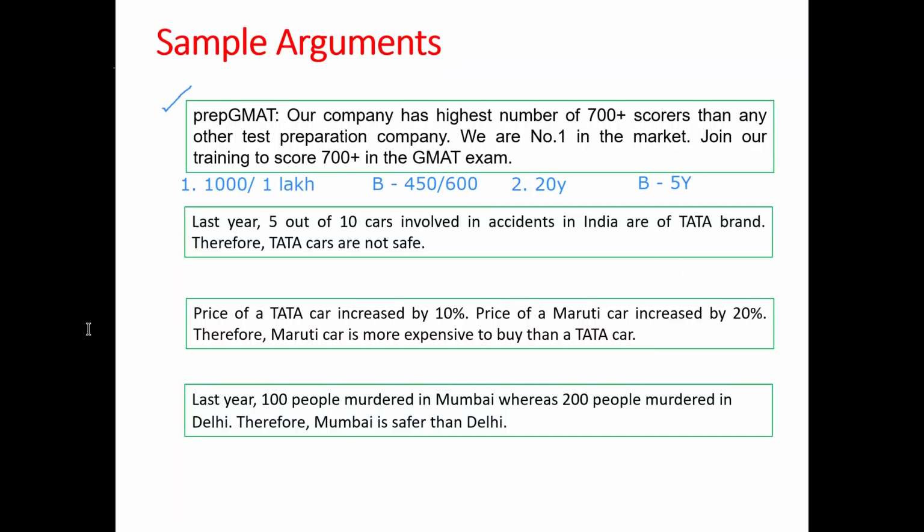In the same way, can you identify some flaws in the second example? I think it's what was the cause of the accident? Was the car at fault, or were the individuals at fault, or some other circumstance that led to the accident?